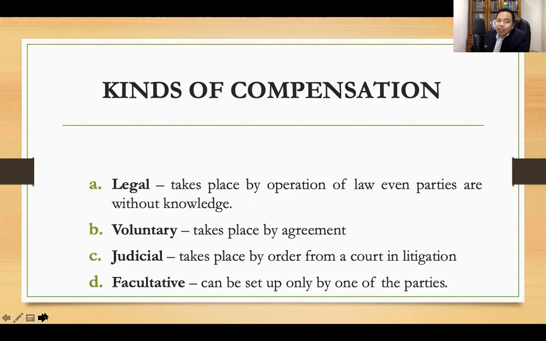When you say legal, it takes place by operation of law, even if the parties are without knowledge. Voluntary, it takes place by agreement of the parties. Okay? Judicial, it takes place by order from a court in litigation, and facultative, it can be set up only by one of the parties.